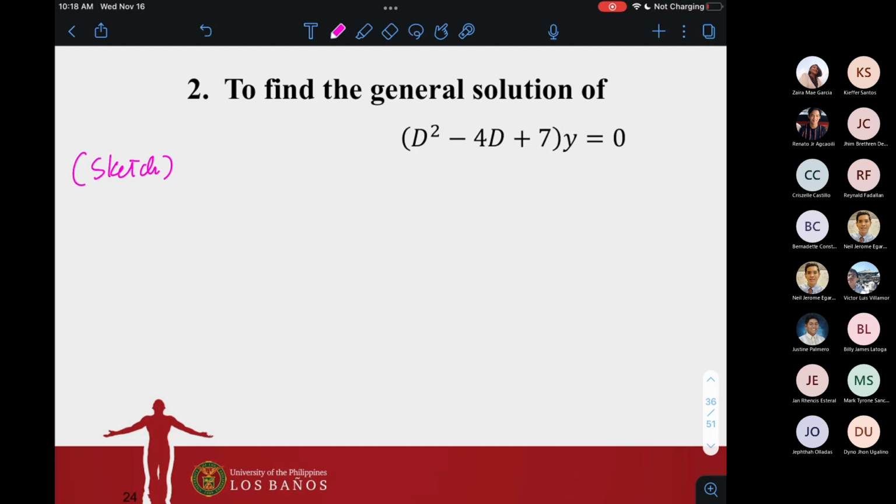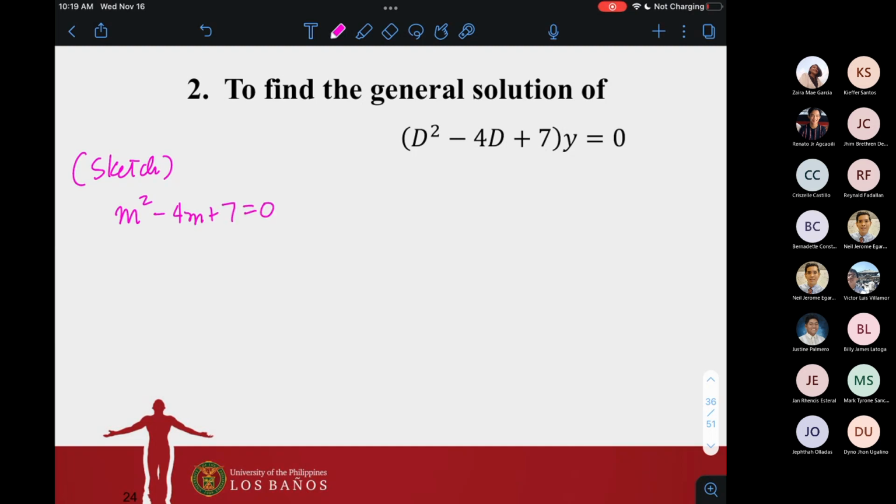So first, let's take note of what the characteristic equation is. So write this down. I should have done text to voice, voice to text conversion. Anyway, the first step in the solution is to take note of the characteristic equation. In this particular case, our characteristic equation is m squared minus 4m plus 7 equals 0.